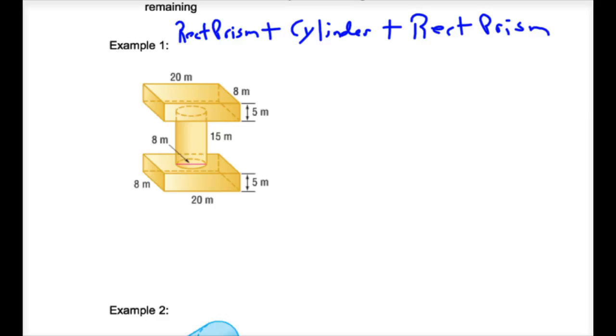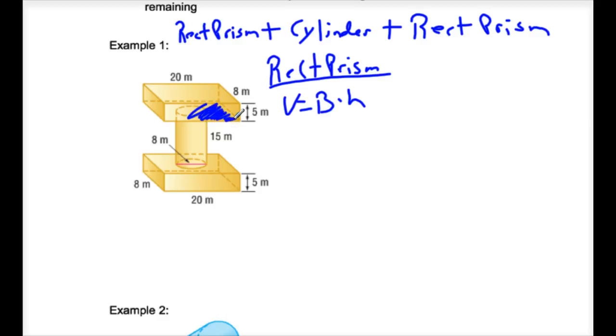So what I'm going to do is find one rectangular prism and then multiply by 2. Let's do the rectangular prism first. Here's the work. We know the volume of a rectangular prism equals big B times H. I'm shading in the bottom of the rectangular prism.